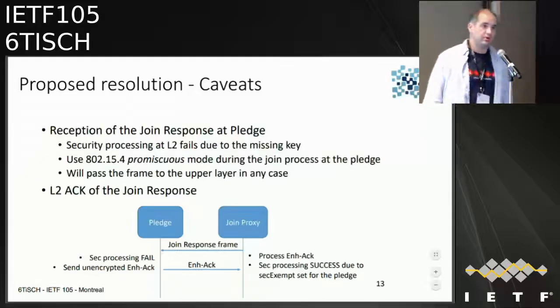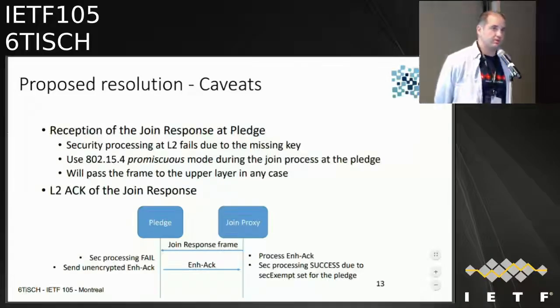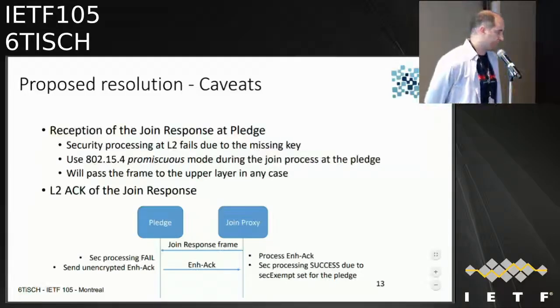Actually, that's a perfect point, because even if you are not able to do this kind of crypto, we can just say that the responder, the bridge, takes the frame, ignores that it failed the security, takes the OSCORE message, puts the keys in, and waits for the retransmission.